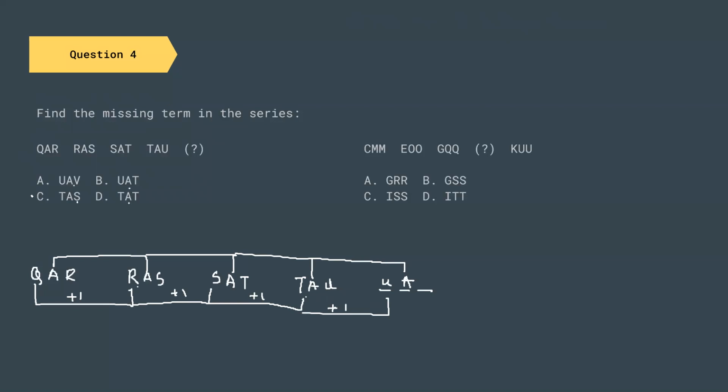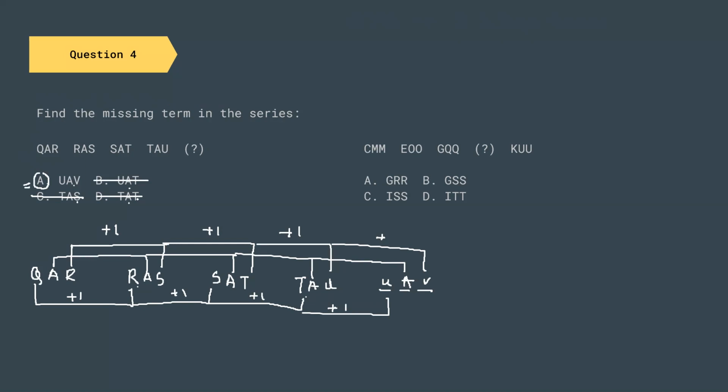So we can eliminate option C and option D. Now we are left with option A and option B. So R plus 1 is S, S plus 1 is T, T plus 1 is U, and U plus 1 is V. So our final word is UAV, and the correct option is option A.